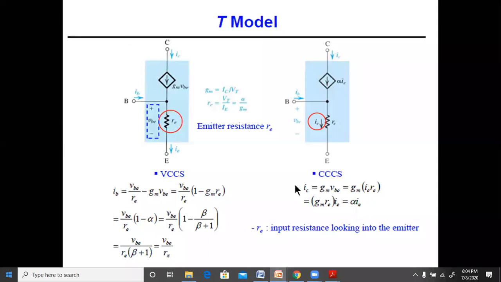Similarly here we have IC is equal to GM VBE, VBE is IE RE, and you can join them together, and IC will be equal to alpha into IE. So RE is the input resistance, and IC is equal to alpha into IE.